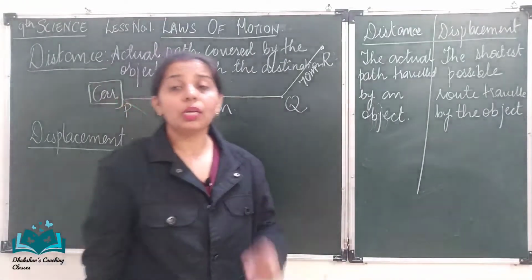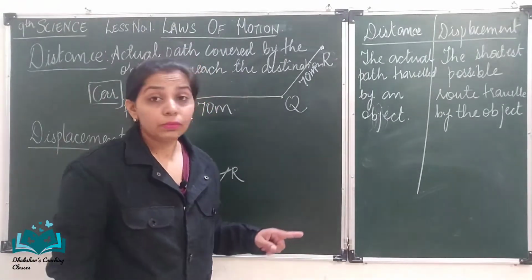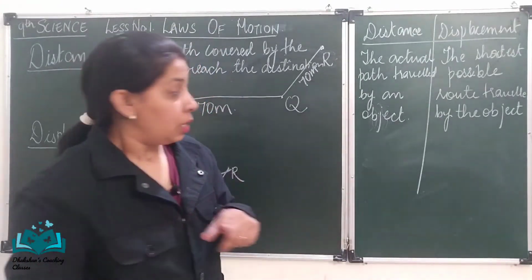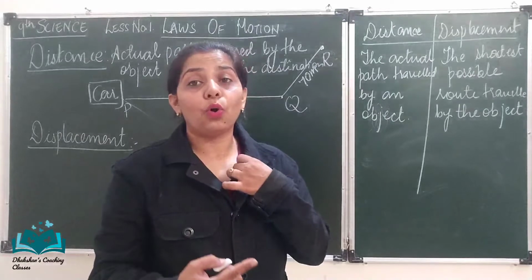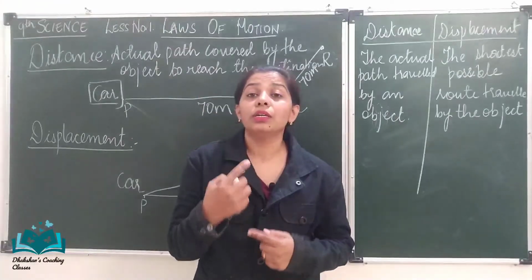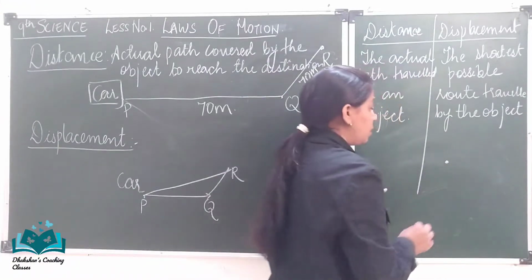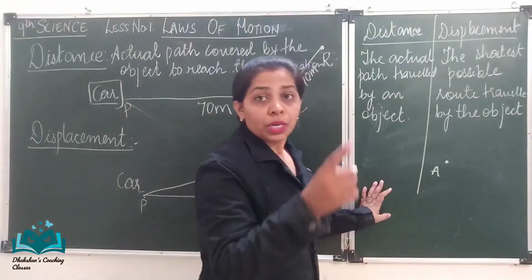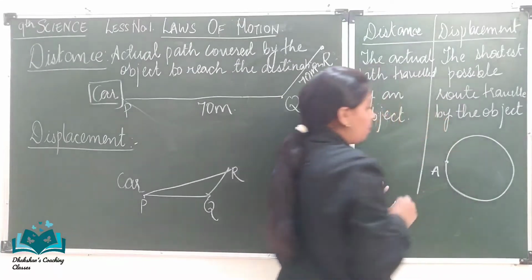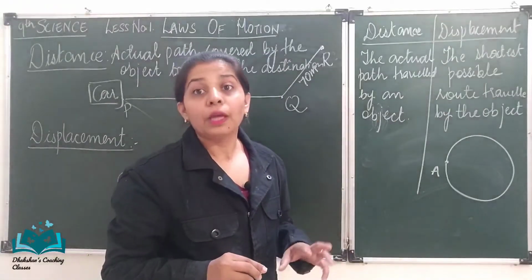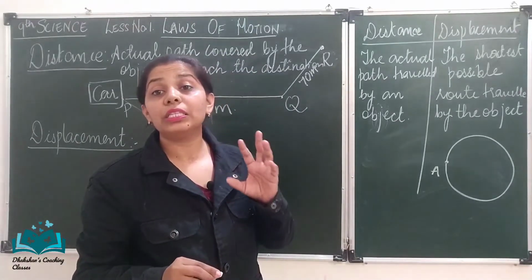Okay. Now, one more difference is that when an object covers a circular motion, for example, an object is starting from point A, it is traveling and reaching the same point A. So here you can say that the displacement was 0.